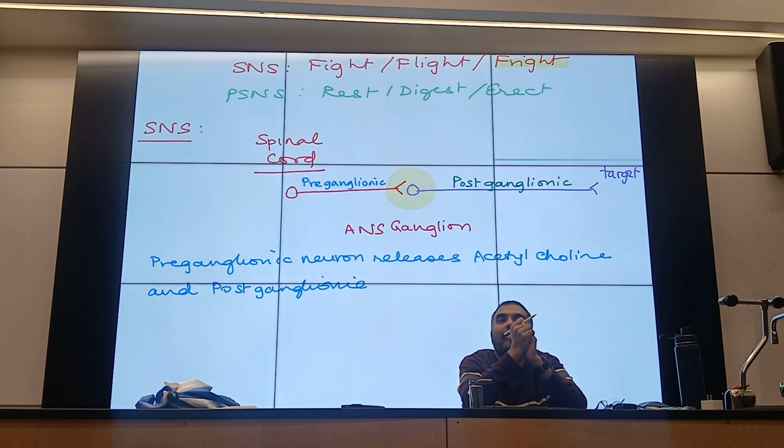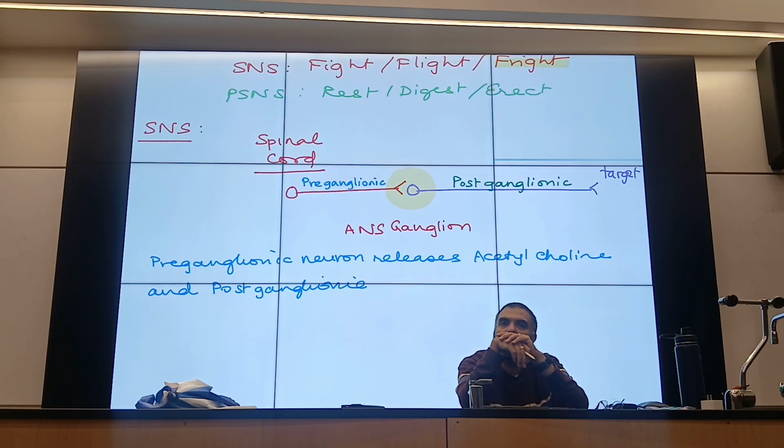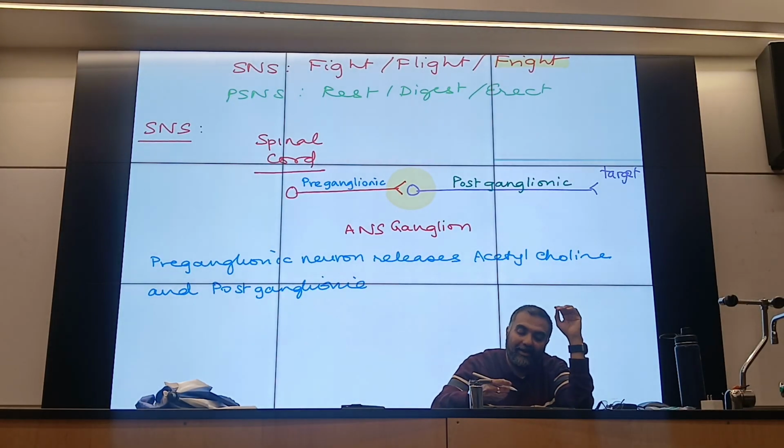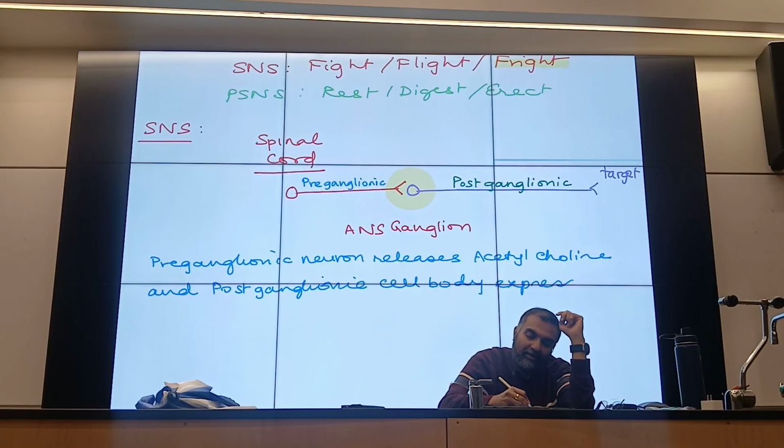Should you wait to turn on an alarm? No. Under any 911 situation, should you wait? No. So what kind of receptors would you want here? What type of cholinergic receptors will you find on the postganglionic neural cell body? Nicotinic. Good. You will find nicotinic receptors. So the postganglionic cell body expresses nicotinic receptors because you want an instant response, nicotinic cholinergic receptors, right?